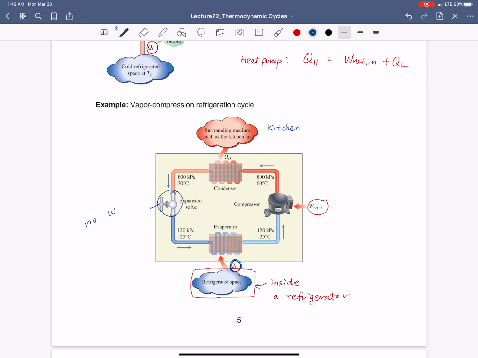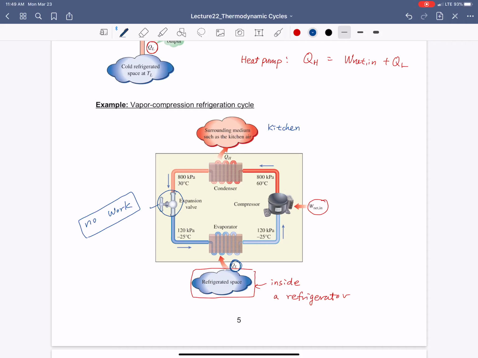So no work, because it's a simple expansion, there is no working component inside the expansion valve, so there should be no work. But as a result of expansion, we have a low pressure and very cold refrigerant.